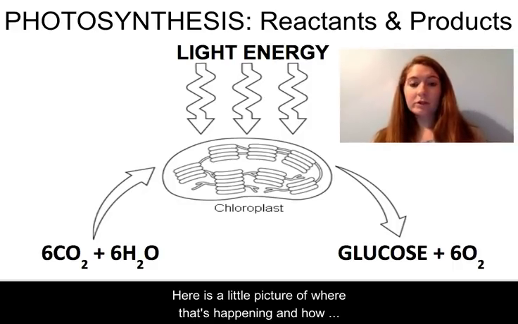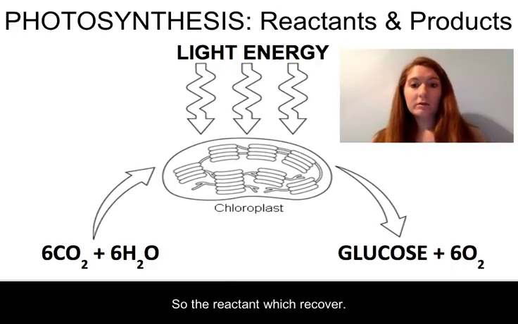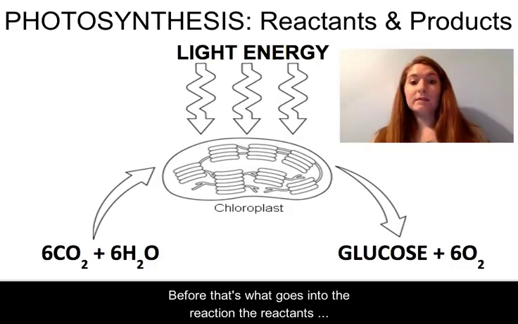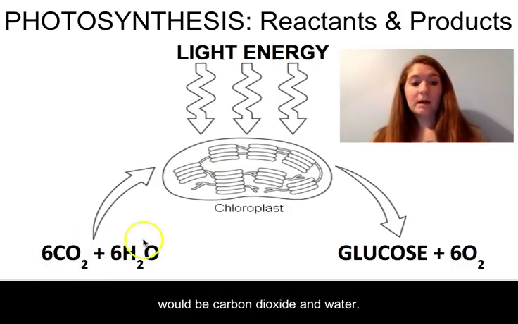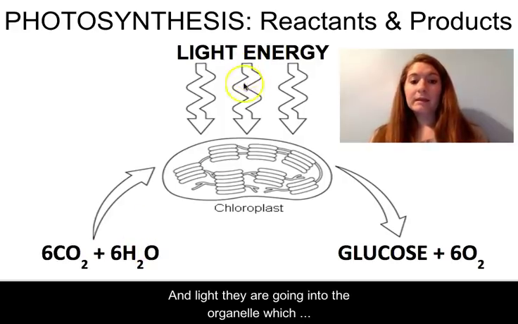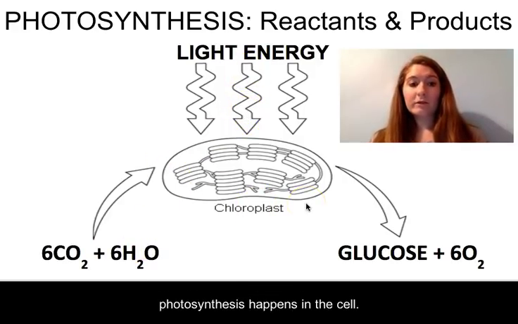Here is a little picture of where and how that's happening. The reactants, which we covered before, are what goes into the reaction. So the reactants would be carbon dioxide, water, and light, going into the organelle where photosynthesis happens in the cell.